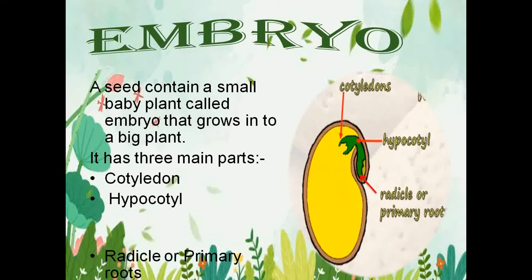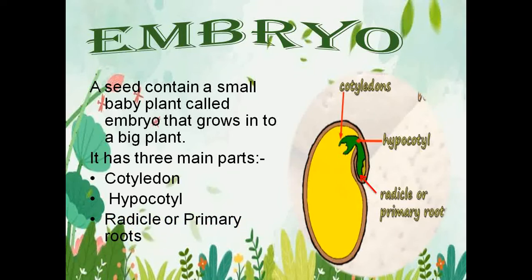As the seed starts growing, the seed coat opens and the white color structure, the primary root that comes out of the seed, is known as radicle. Hypocotyl produces the shoot of the plant and cotyledons give rise to the primary leaves.